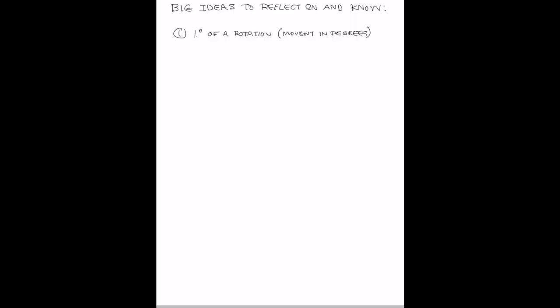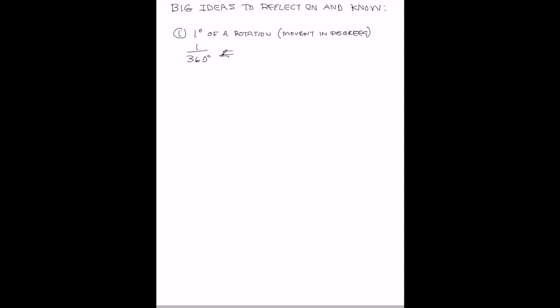Okay, so I want to close with the big ideas that you should reflect on and know from this lesson. Our target was to understand that 1 degree of rotation is equivalent to 1 out of 360, and that's what we're talking about with degrees here.